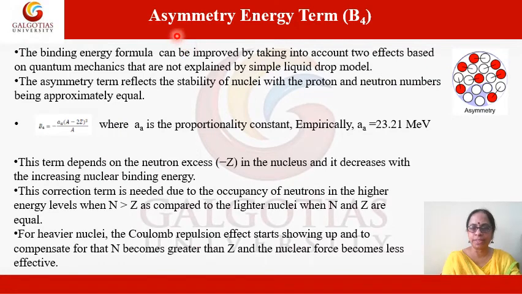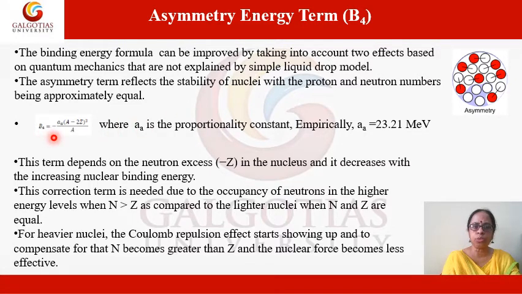Now we will see the asymmetry energy term V4. This takes into account two effects based on quantum mechanics that are not explained by the simple liquid drop model. The asymmetry energy term reflects the stability of nuclei with the proton and neutron numbers being approximately equal.